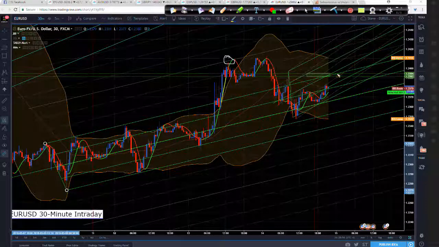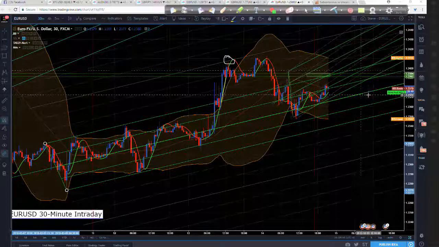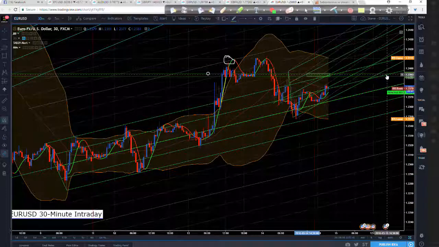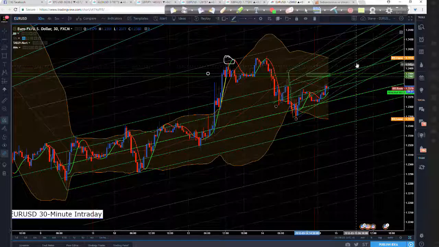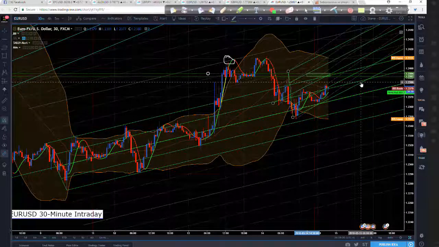Got a temporary little, what we call a PRZ based on the 5-minute fork. Oh, I see what I was doing. I was on the wrong fork. That's the 5-minute fork down here. I want it to light up. It's 2 forks. That's funny.